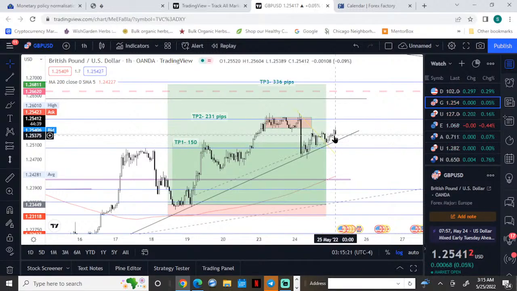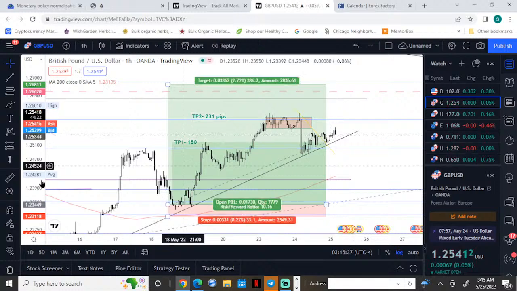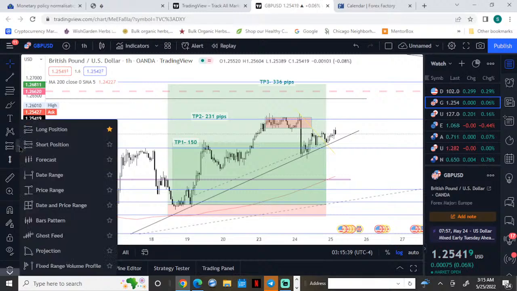My position, I got in yesterday at 1.24772.